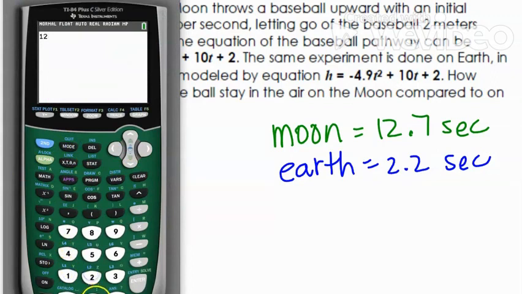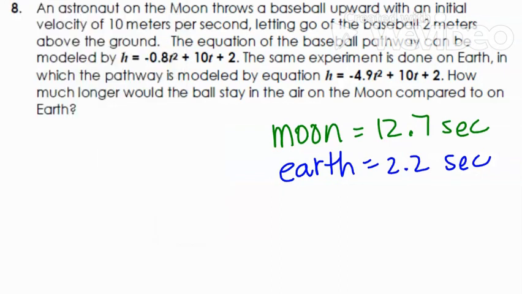So 12.7 minus 2.2. How much longer would the ball stay in the air on the moon compared to the Earth? We're going to say 10.5 seconds.